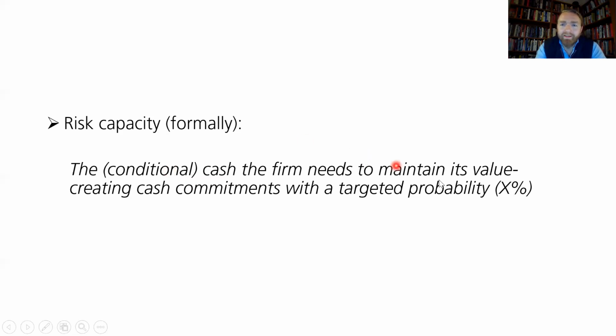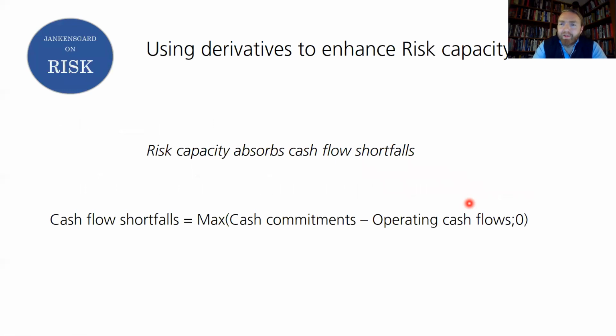And we're dealing with value creating cash commitments here. That is what creates a liquidity need for us. We need liquidity to implement and execute the strategy. But we're also going to accept a certain probability that we may not be able to do so. This is the trade-off we're going to have more to say on later.